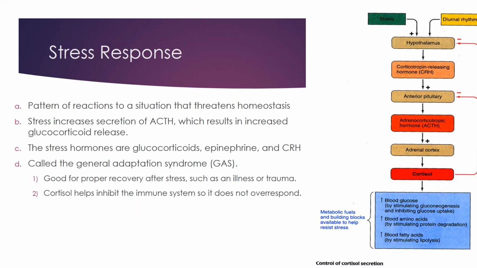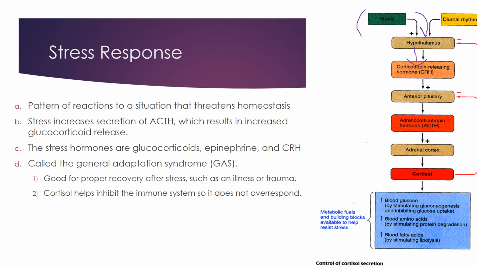In relation to the hormones of the adrenal medulla, we should talk about the stress response and what happens. These are patterns of reactions to a situation that threatens homeostasis. If we look at this figure here, when we're in stressful situations, that is going to influence the hypothalamus, okay? The hypothalamus is going to release corticotropin-releasing hormone, or CRH, which is a stress hormone, and that's going to activate the general adaptation syndrome, all right?